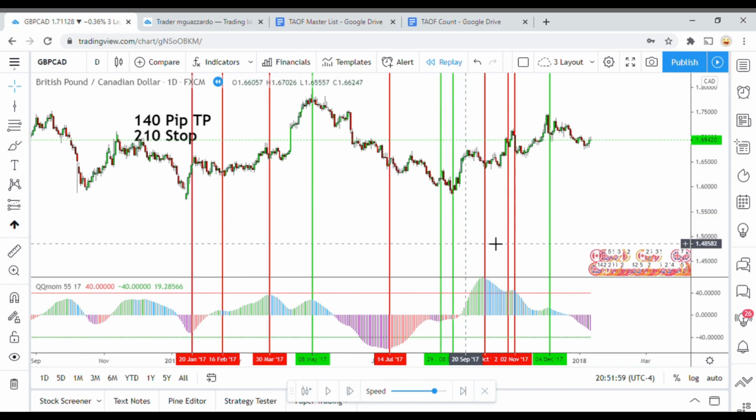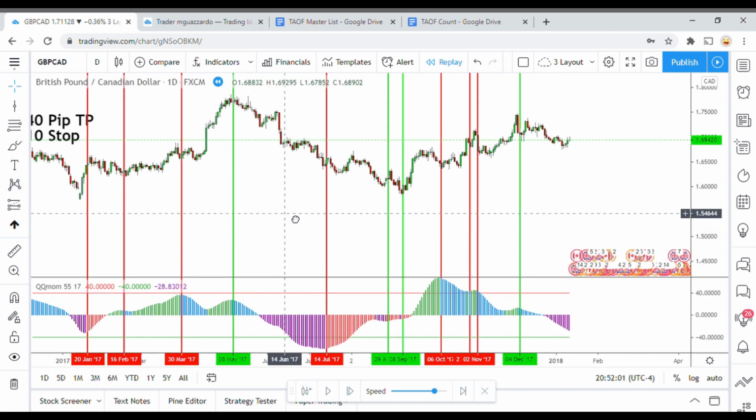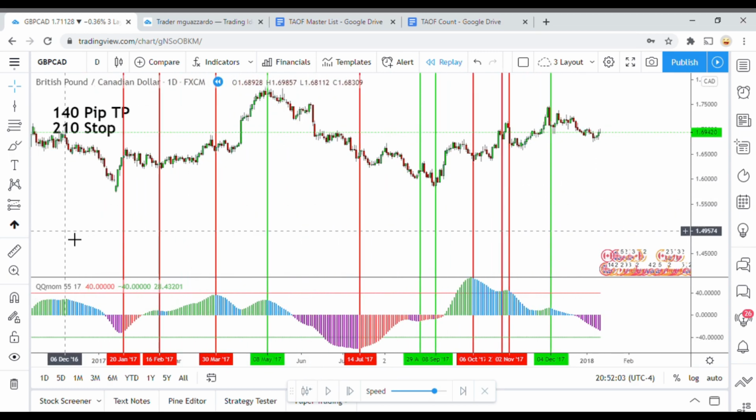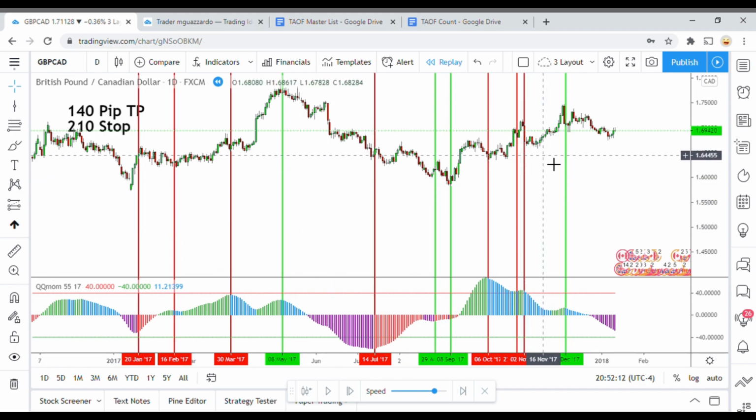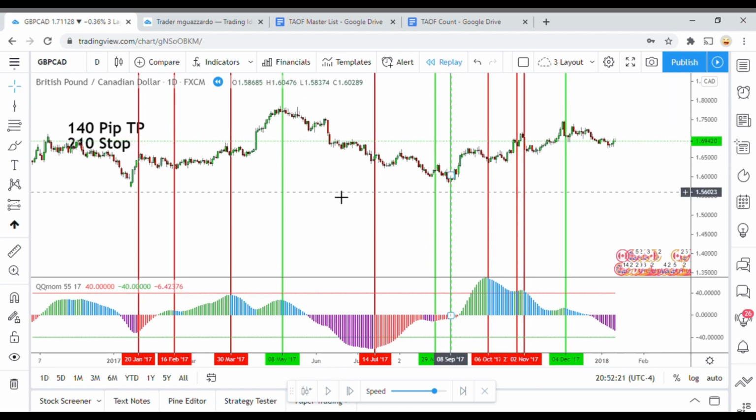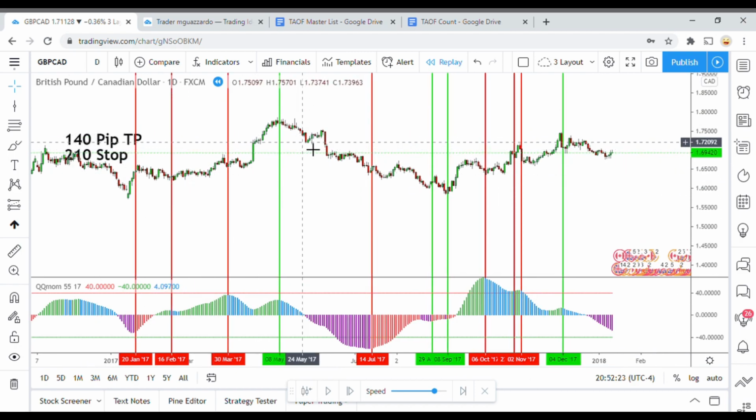And we have 1, 2, 3, and 4 winning trades. So unfortunately, that is not going to work out for us. Trying to see if there's really anything that we could get out of this indicator.